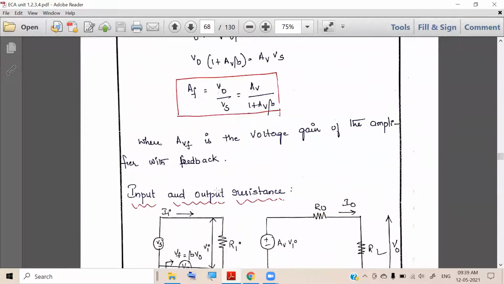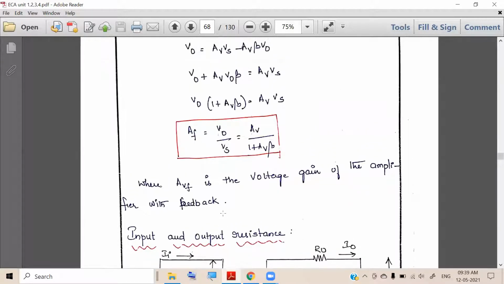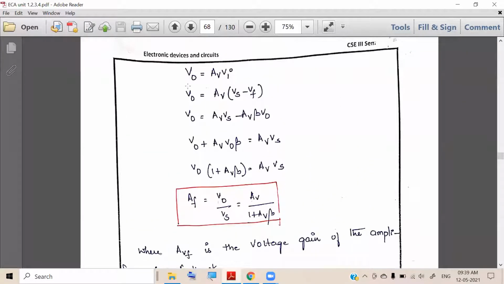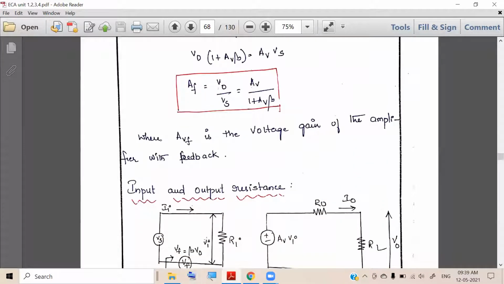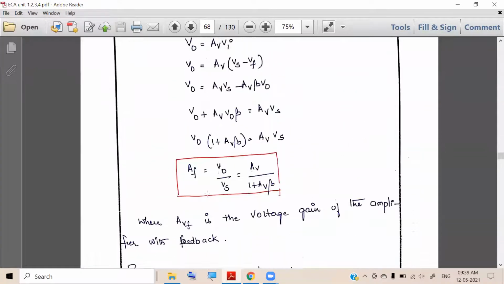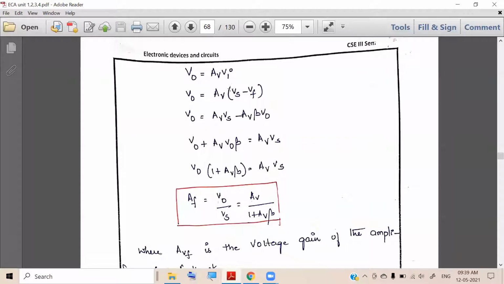Vi we can write as Ii into Ri. So from these two, we can write V naught is equal to Av Ii Ri.